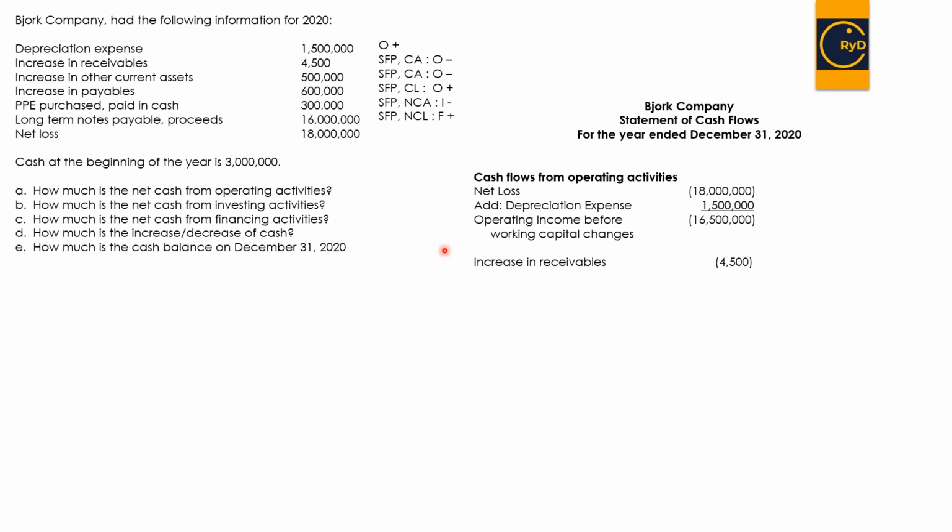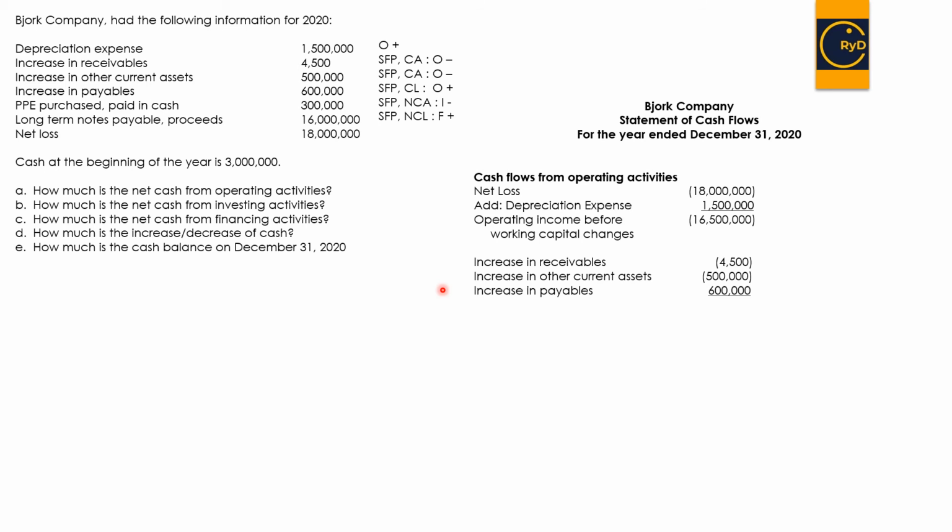So here we have an increase in our receivables. So we deduct 4,500. Next, we have increase in other current assets, still a deduction of 500,000. The next, we have an increase in our payables, so we add that at 600,000.